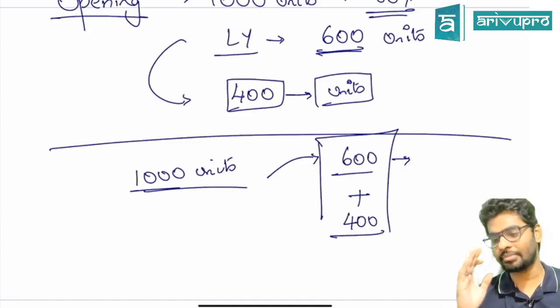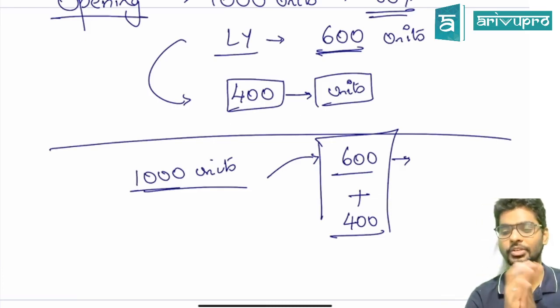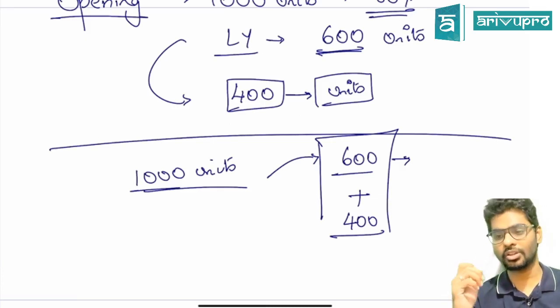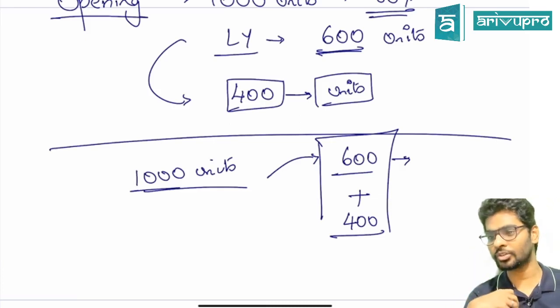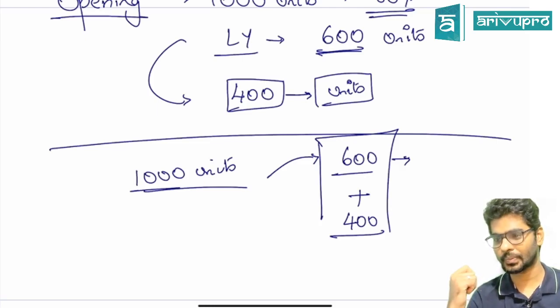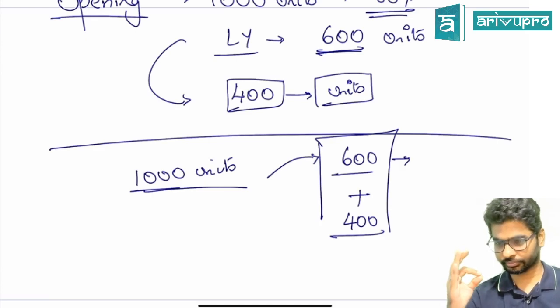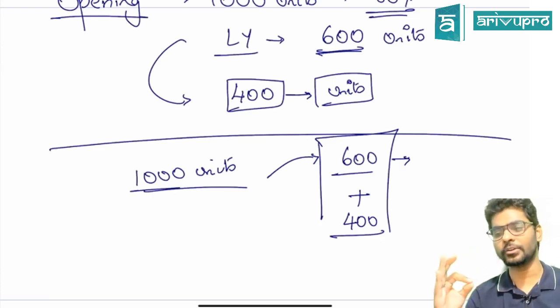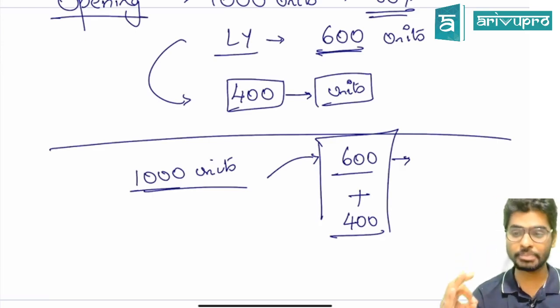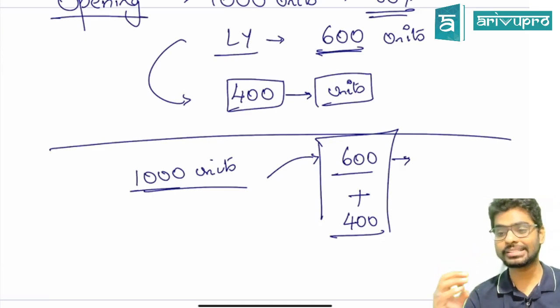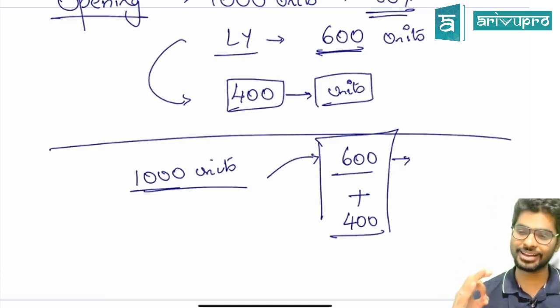I am trying to find out the cost of the 1000 units. Did I produce 1000 units this year? Out of those 1000 units, only to the extent of 40% was done this year. 60% of the cost was incurred in the last year.